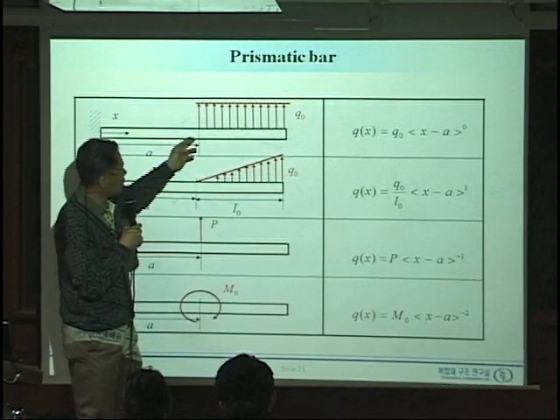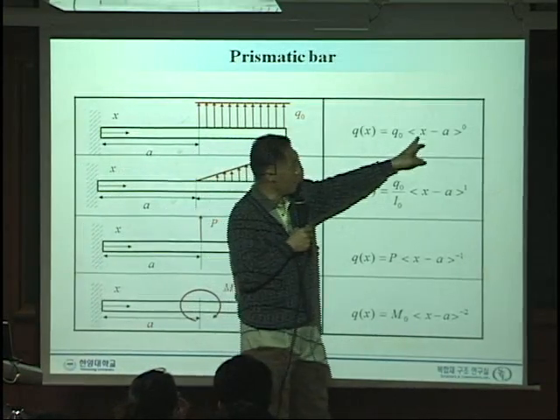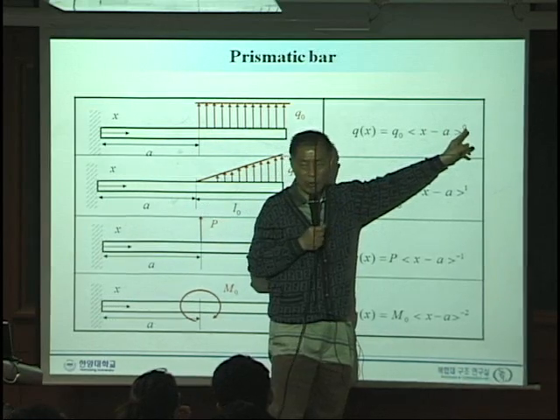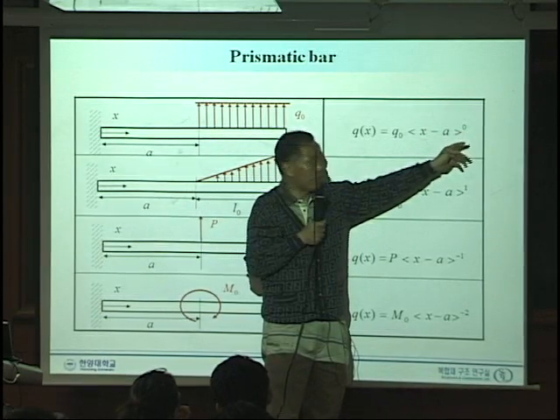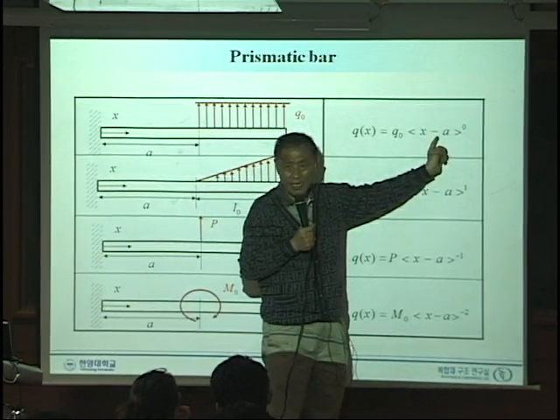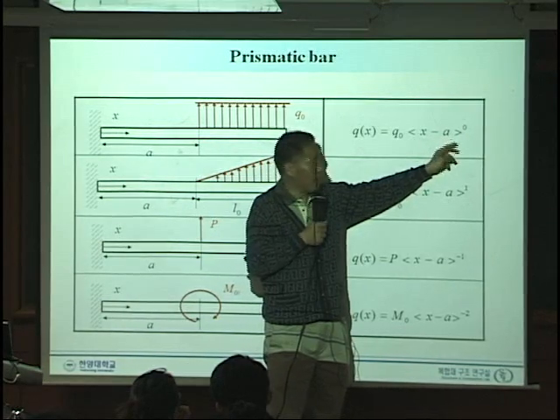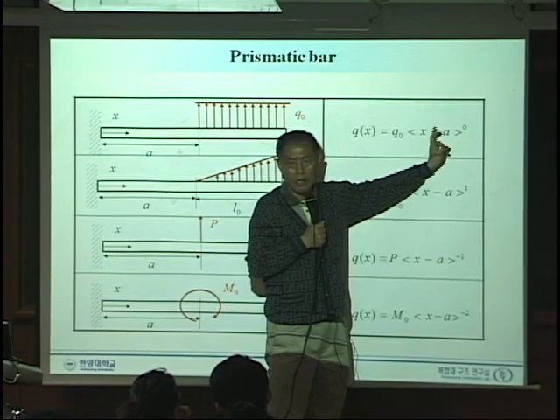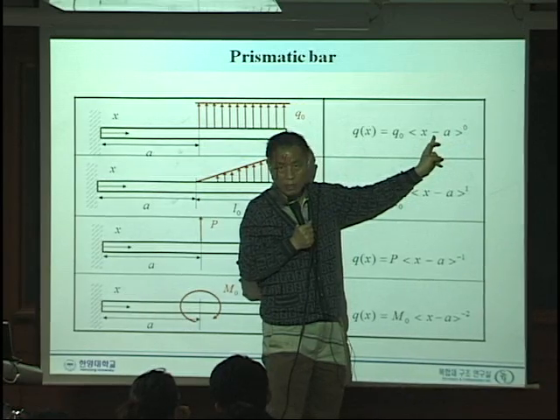Now, back to here, q0 times x minus a to the 0 power means that if x is less than a, then no matter what power we have here, this whole term will be 0.